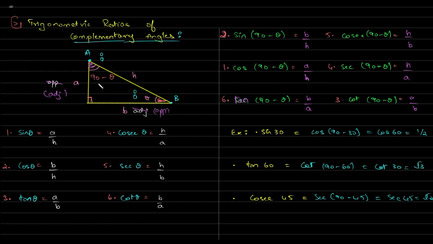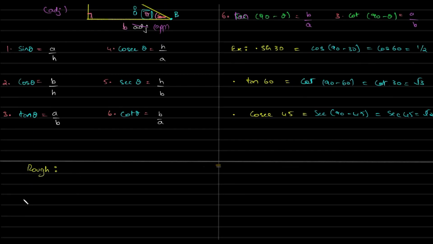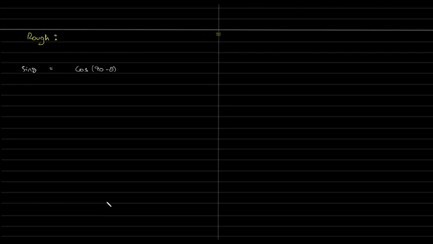So theta plus 90 minus theta will give you 90 degree, is it not? So these two will add up to 90. So they are complementary angles. Okay. So basically we can end up writing sine theta is equal to cos of 90 minus theta.